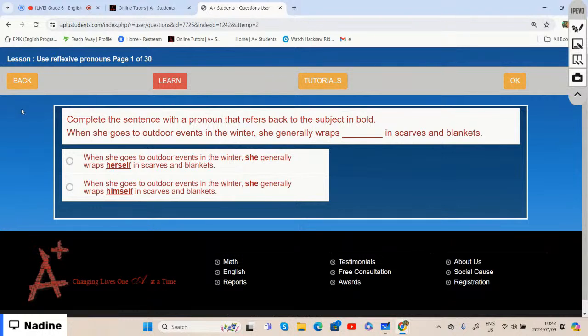It says, when she goes to outdoor events in the winter, she generally wraps herself or himself in scarves and blankets. So, herself, option one, that refers to she, or himself, that refers to she. Option one or option two.